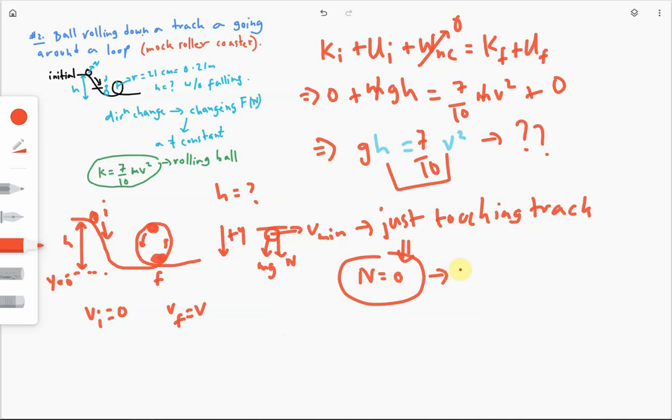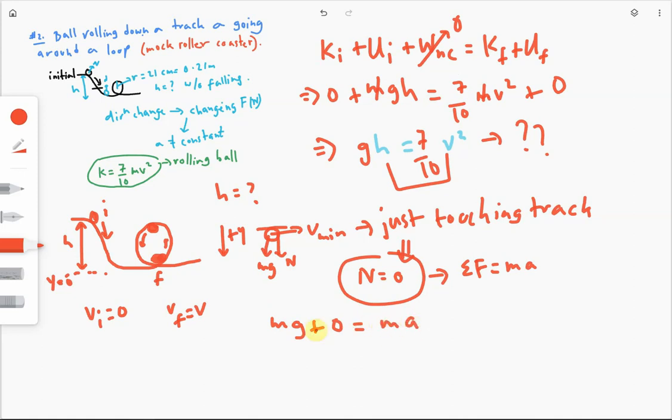Therefore, we can apply F equals ma, since we know a certain constant value of F, for which we can determine a certain constant acceleration a. So in the y direction, what are the forces? We have mg plus N, which is 0, equal to m times a.